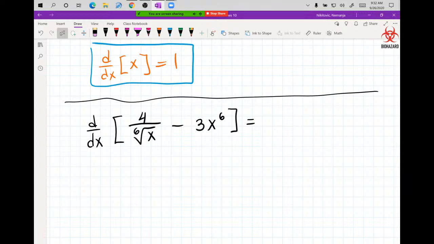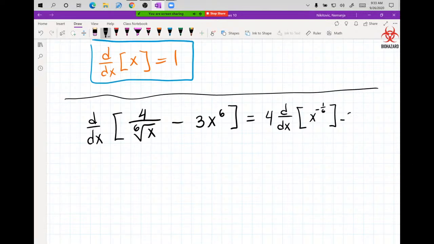That way we have 4, the derivative of, and now this is x to the negative 1 over 6, because root gives us fractions, and the order of the root is the denominator, which is 6, and it's negative because it was in the denominator. And then we have minus 3, and then we have the derivative of x to the 6.